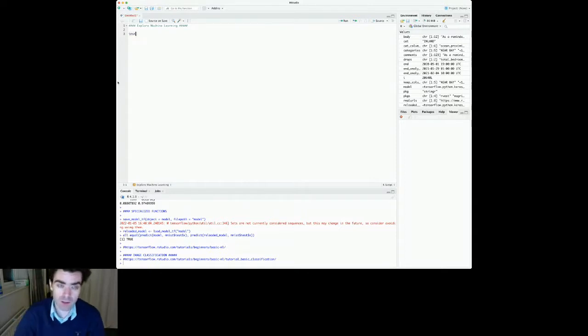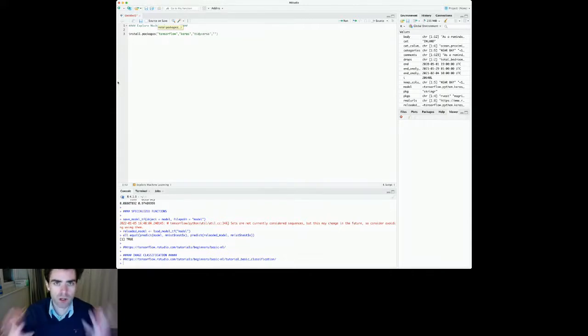Okay, so let's install packages. We'll start with TensorFlow, and Keras. I'm not sure if we actually need TensorFlow. And then some standard statistical packages.